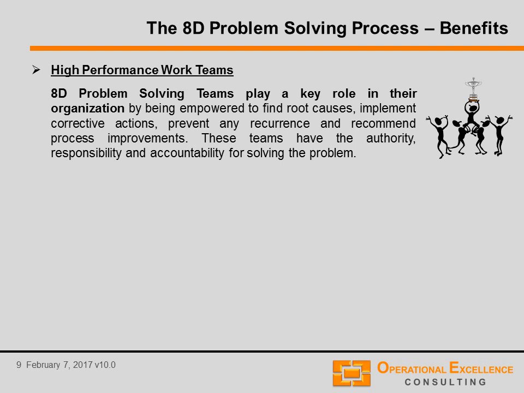So they don't need the management, for example, to help them to solve problems. They can do that themselves. So these 8D problem-solving teams play a key role in these organizations that are developing these high-performance work teams by educating people in how to solve problems, do a proper root cause analysis, and then empower them also to implement corrective and preventive actions.